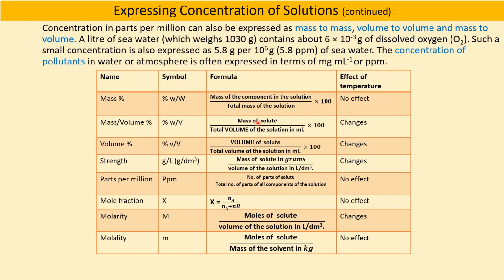Please note, numerator is mass and denominator is volume, into 100. Since the volume factor is there, it is affected by changes in temperature. Next one is volume percentage. Its symbol is percent V by V.